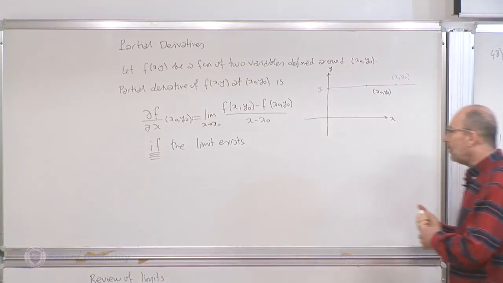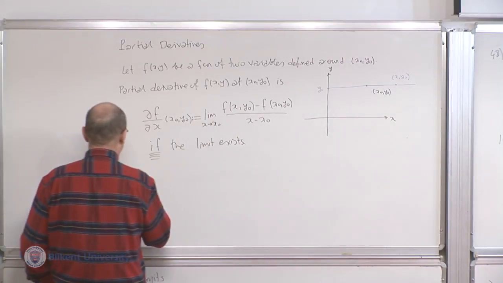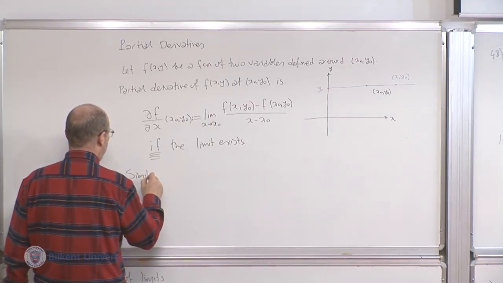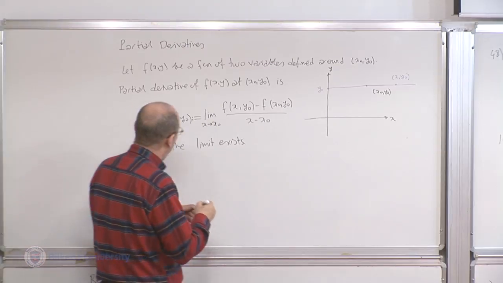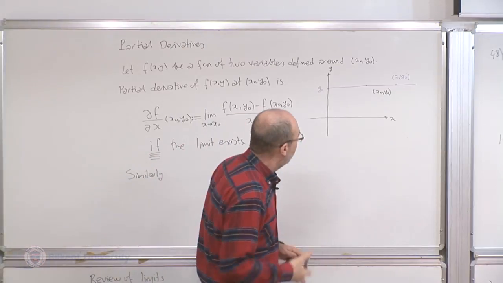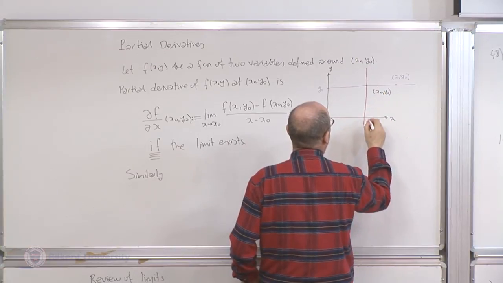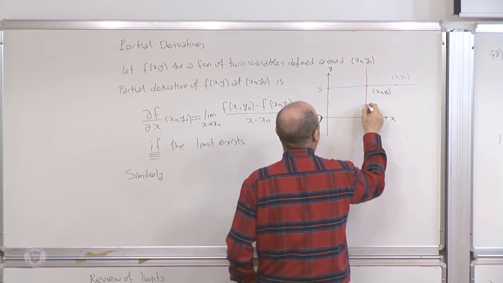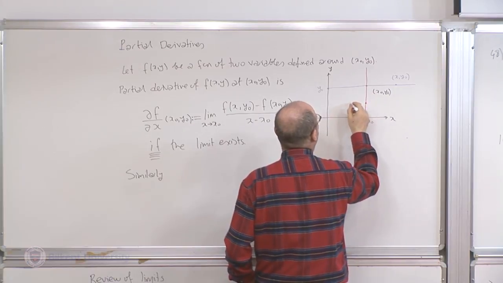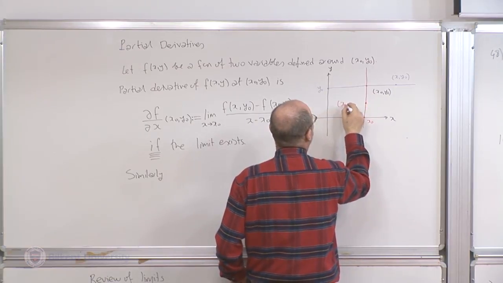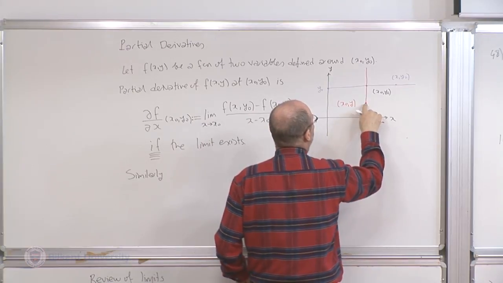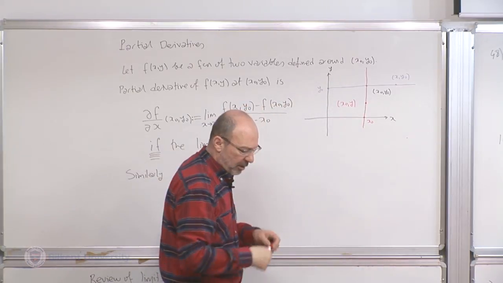And similarly, now I will talk about the limit in the other direction. So you restrict the function here. This point is now x sub 0. A typical point, this time let me put the typical point here, is (x sub 0, y). So this point moves towards here.